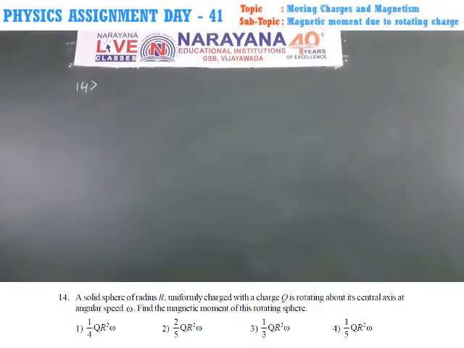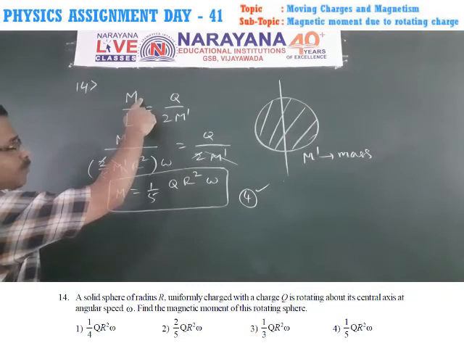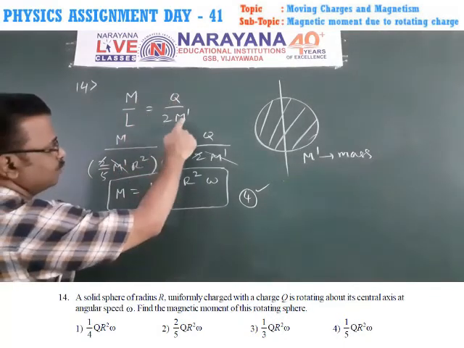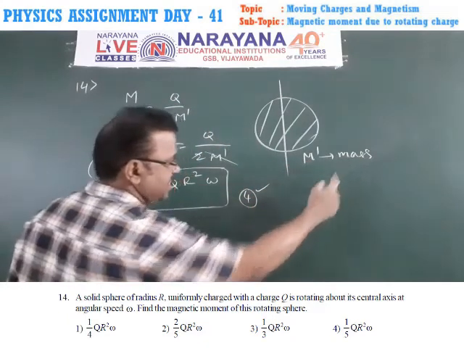Question number 14. A solid sphere of radius r, uniformly charged with a charge q, is rotating about its central axis at angular speed omega. Find the magnetic moment of this rotating sphere. Magnetic moment by angular momentum is equal to q by 2m dash. Here m dash is taken as mass.